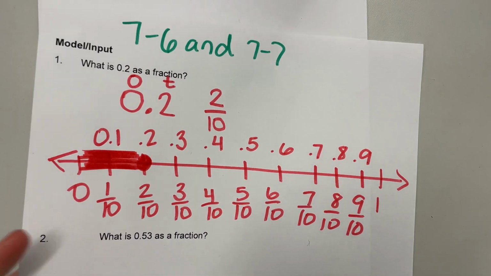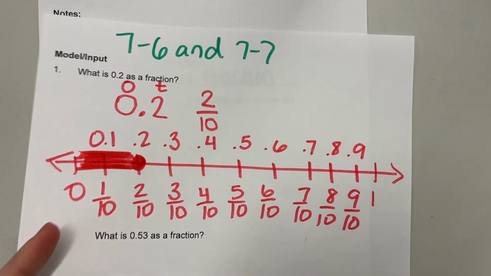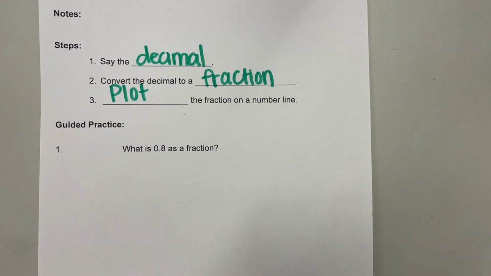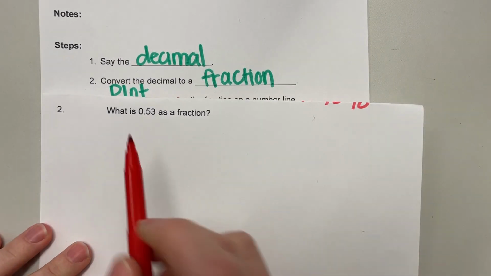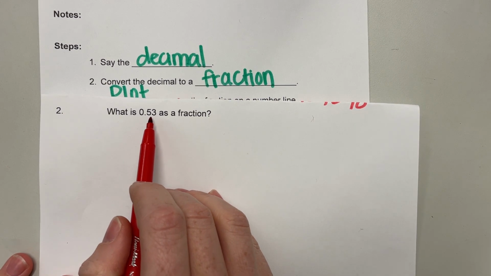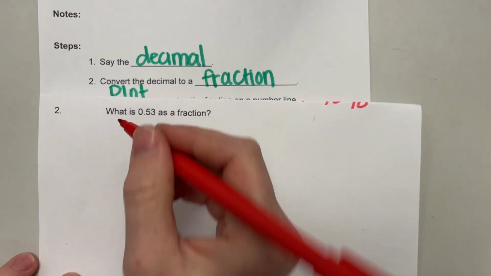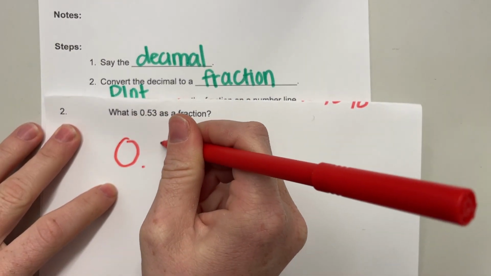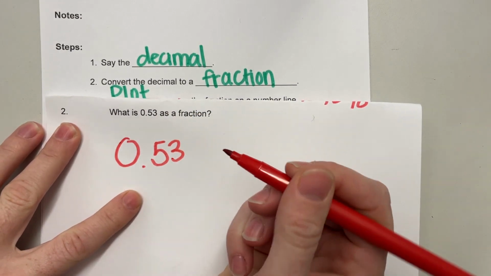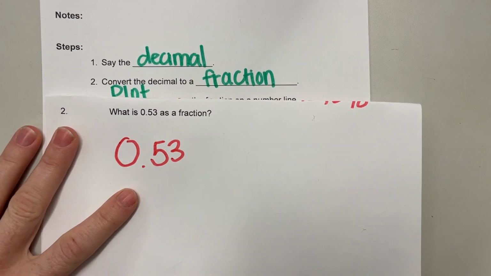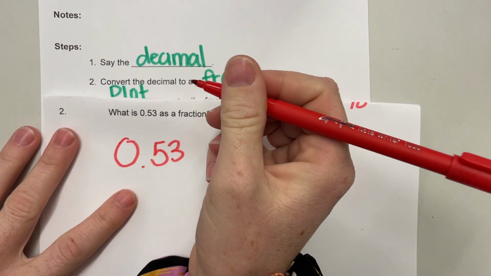Okay, my second problem is, what is 0 and 53/100 as a fraction? So again, if I need to use a place value chart, then I can use that to help me.